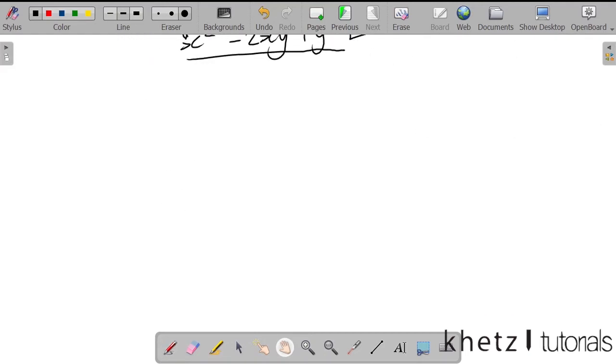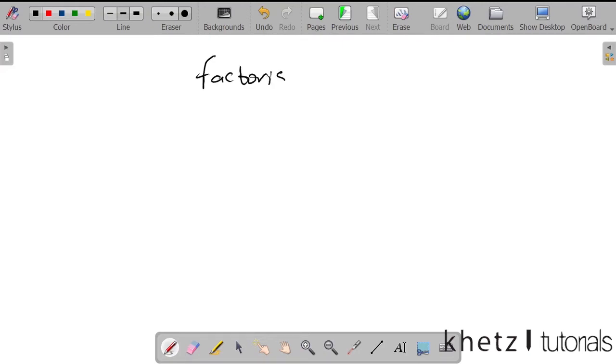Moving along, we can look at something like factorization next. In this section, I'm also going to show you another kind of shortcut.